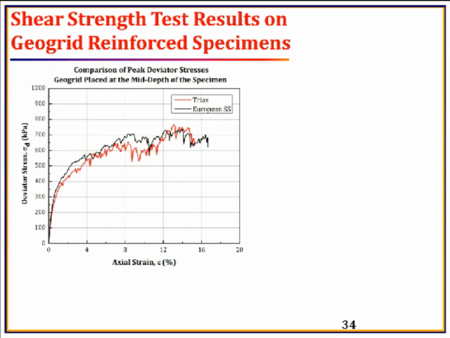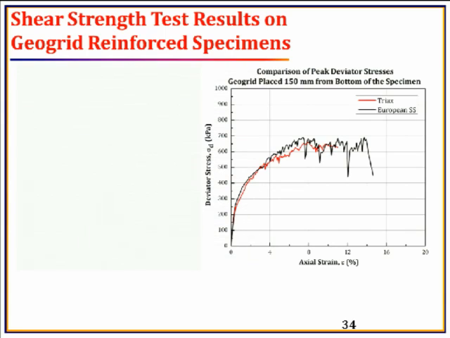So this is the peak deviator stress that we have found in the lab, and as you can see, for the specimen with geogrid at the mid depth of the specimen, Tri-ax and European KSS almost had similar shear strength test results. That was also true in case of geogrid placed 150 millimeter from bottom, that means 6 inch from bottom of the specimen.